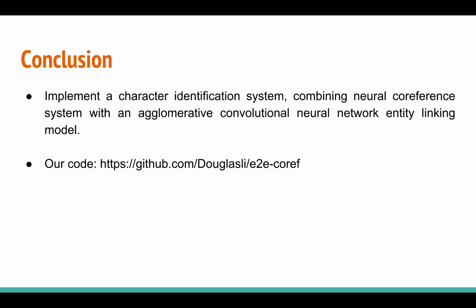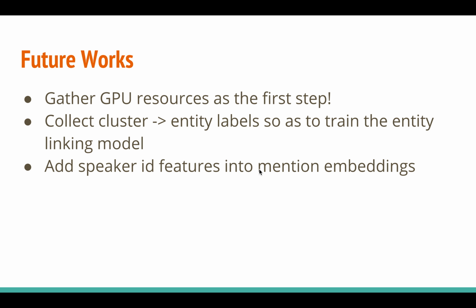So in conclusion, we implemented this character identification system, combining the neural coreference system with an agglomerative convolutional neural network entity linking model, and our code will be released on GitHub.